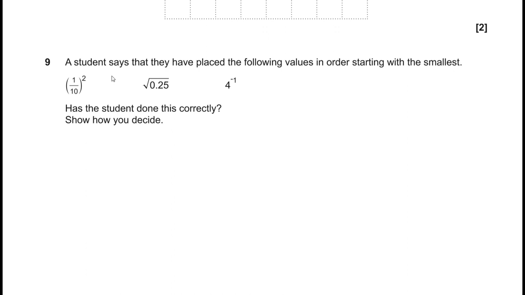Question number 9. A student says that they have placed the following values in order, starting with the smallest. We've got a tenth squared, then the square root of 0.25, and then 4 to the negative 1. Has the student done this correctly? Show how you decide. Well, let's convert everything to a decimal.